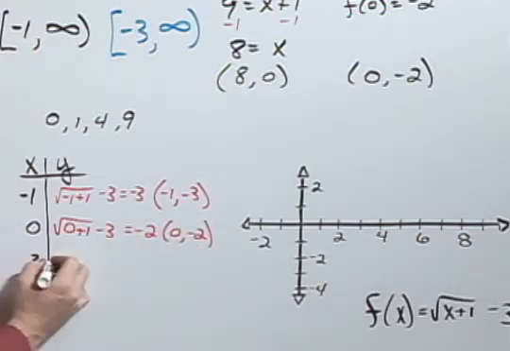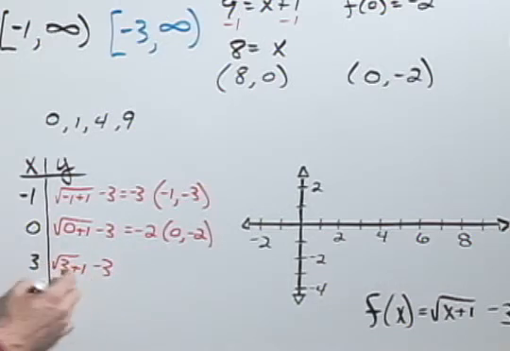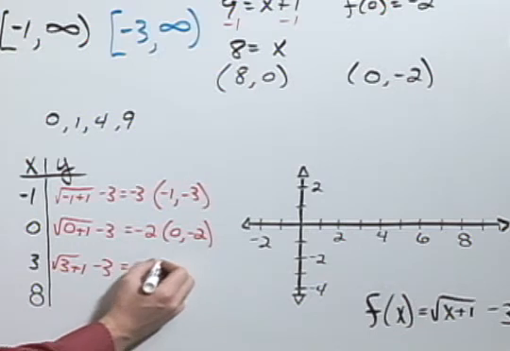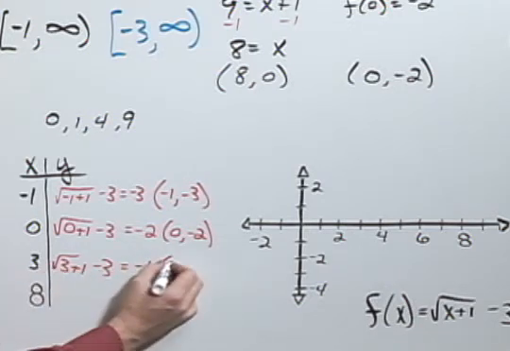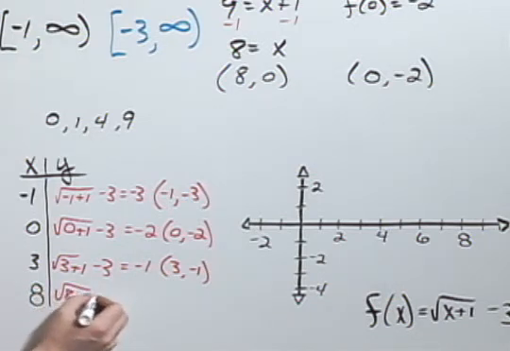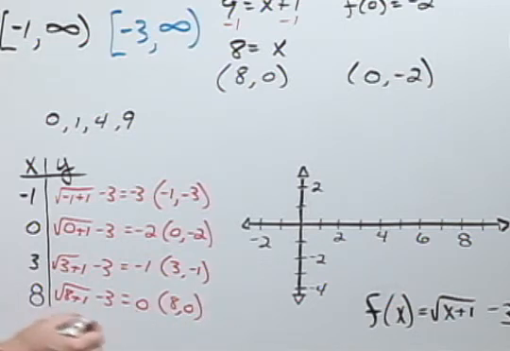If I put 3 into my function, I get the square root of 3 plus 1 minus 3, and that's going to equal negative 1. So I have the coordinate (3, negative 1). And finally 8: the square root of 8 plus 1 minus 3 is going to be 0. So I have the coordinate (8, 0).